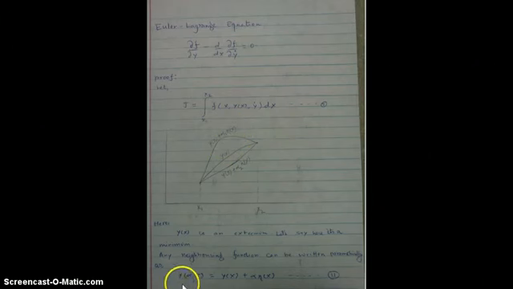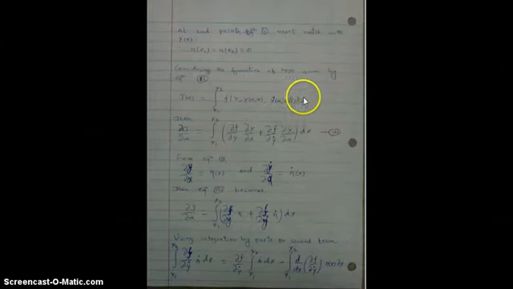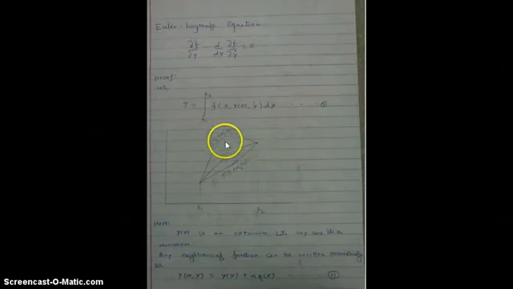So the deviated function, or the neighboring function, can be written as y of alpha and x equals y of x plus alpha times eta of x. All these deviated functions also pass through the endpoints. So at the endpoints, this neighboring function should satisfy our minimum function. So eta of x1 equals eta of x2 equals 0 at the limiting points.